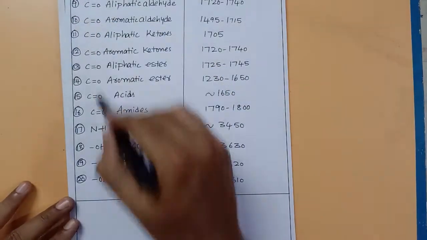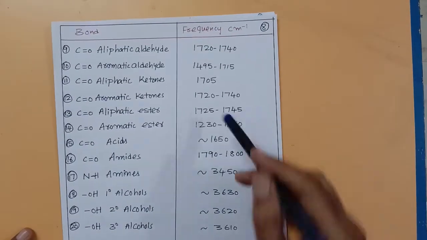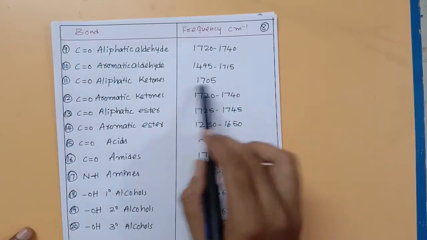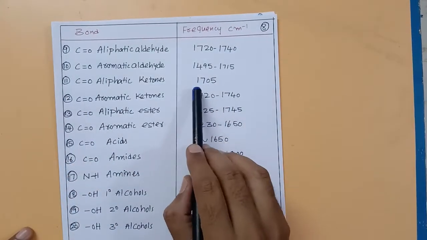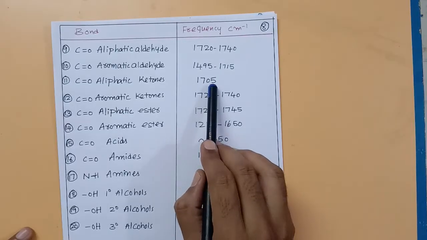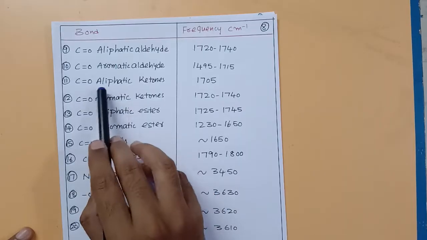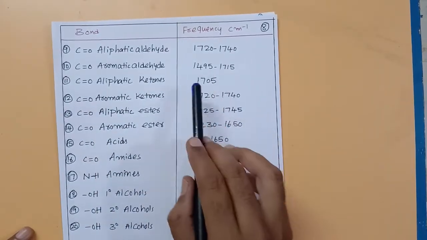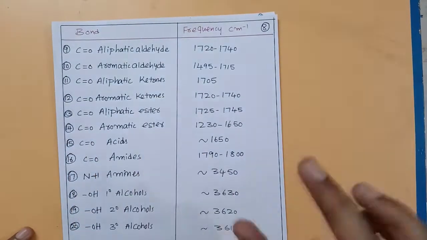So each bond that is represented here has its own vibrational frequency. So based on the vibrational frequency, for example, if you get an absorption band at 1705 value in the IR spectrum, you are going to say that that compound is an aliphatic ketone. Because this frequency is the frequency at which the C double bond O group of aliphatic ketones is going to vibrate.